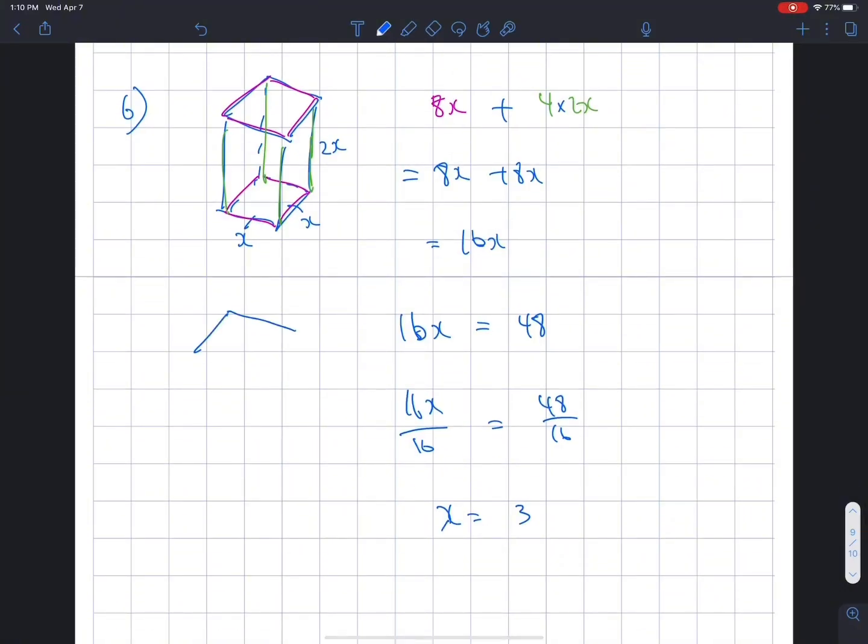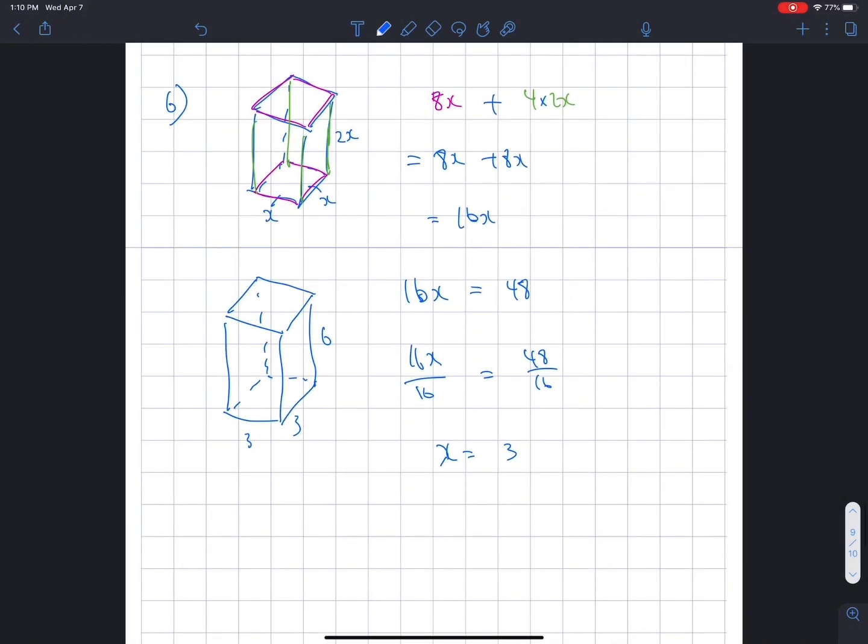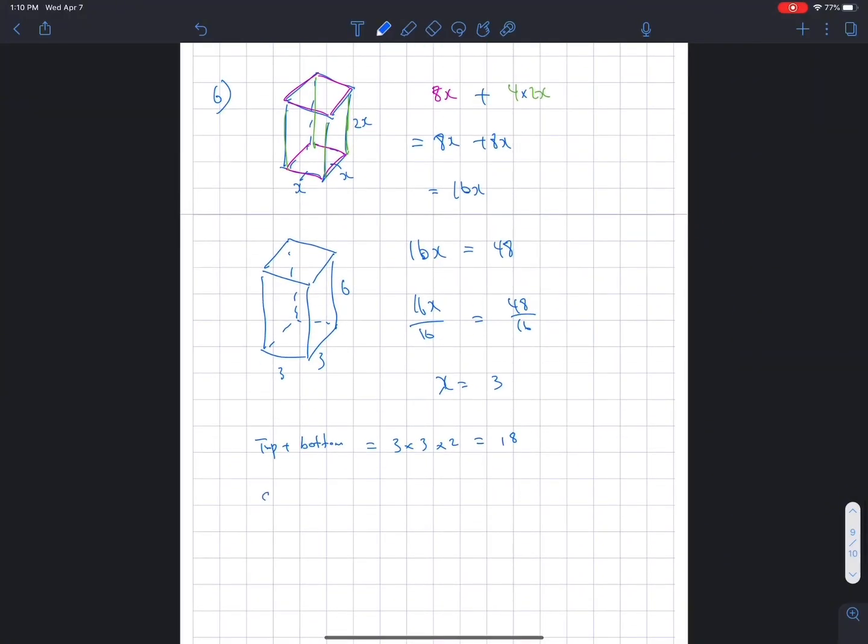Now I can redraw this diagram. After knowing that x is 3, I can say these are 3 and then 2x, so 2 times 3 is 6. With this new diagram, I can find the surface area. So I can do top and bottom, which will just be 3 times 3 times 2. That's 18. All the side areas are the same.